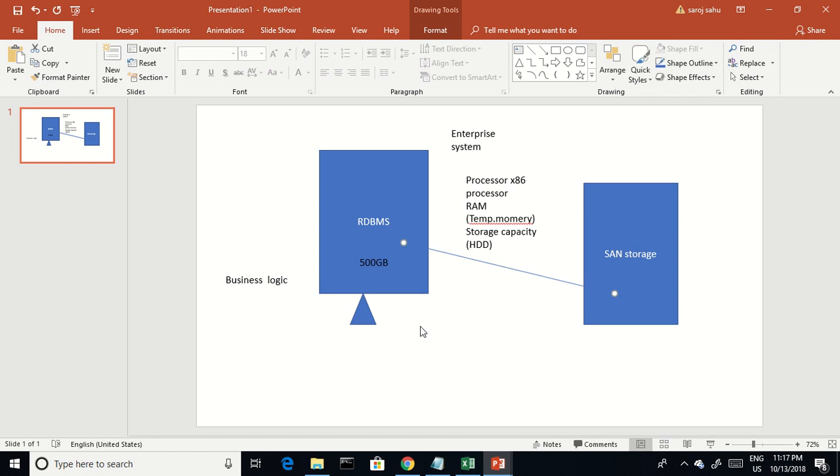Suppose the limitation is a 1 TB local disk attached to this RDBMS system. But I want to keep data beyond 1 TB, maybe 2 TB of data. For that I have to attach other disks, or get the space from the SAN storage.